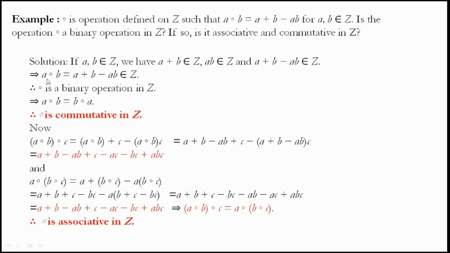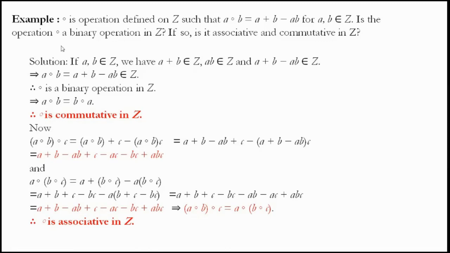A binary operator B is equal to A plus B minus AB. Now, B binary operator A is equal to B plus A minus BA. Since addition B plus A or A plus B is one and the same, and multiplication AB or BA is also one and the same, A binary operator B is equal to B binary operator A.